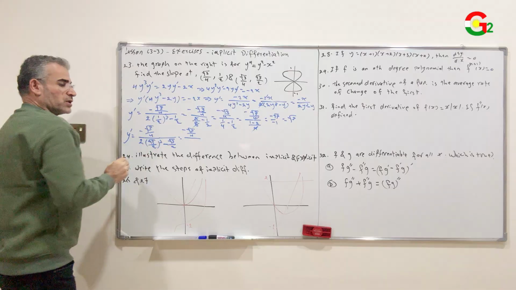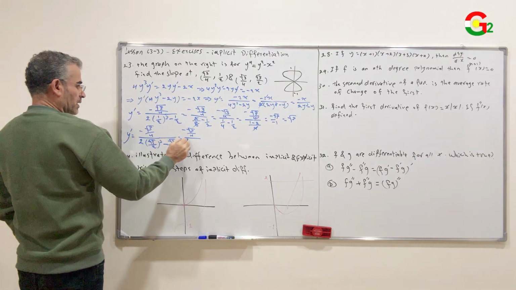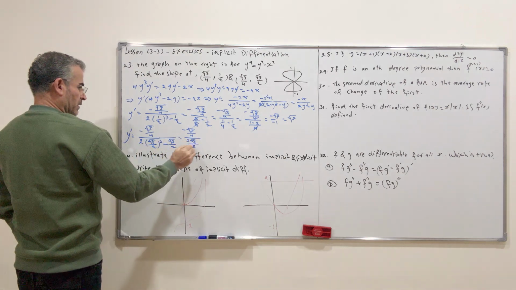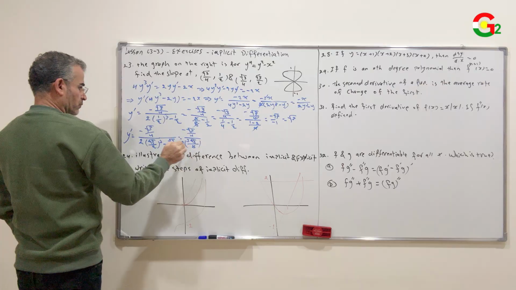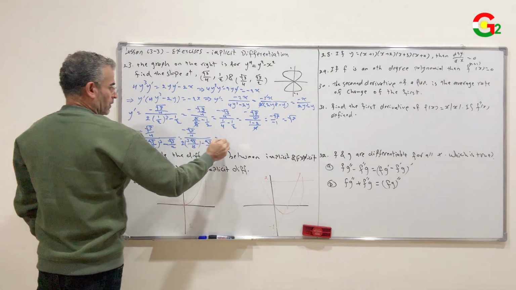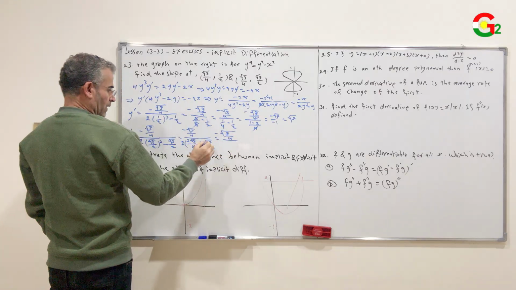Square root 3 times square root 3 times square root 3 is 3 square root 3, so over 8 times 2, minus square root 3 over 2.